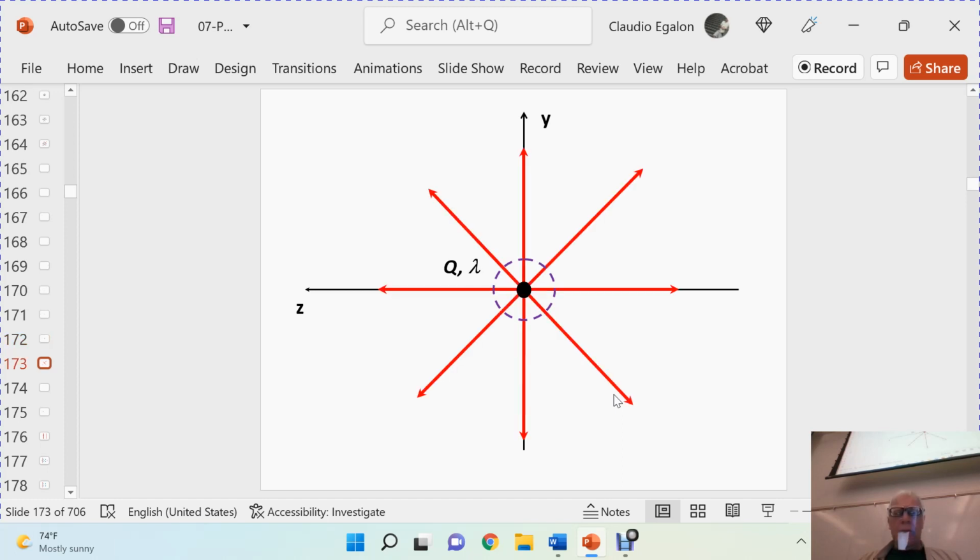And if it has a cylindrical surface, it's reasonable to recognize that electric field lines are going to extend radially from the rod. If you look along the axis of the rod, it's going to look just like that.